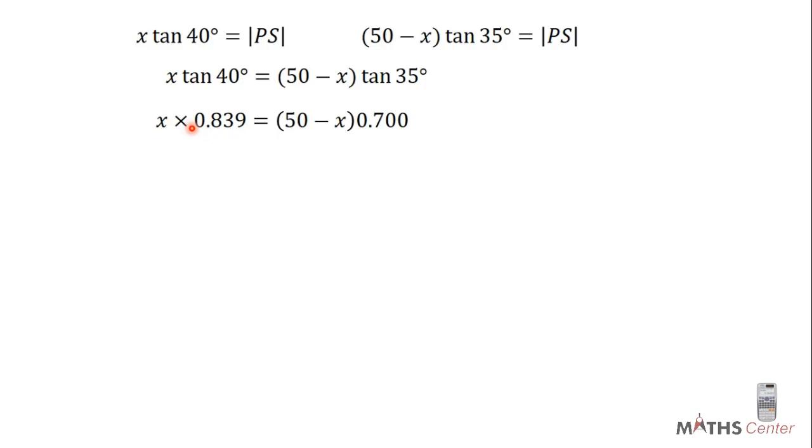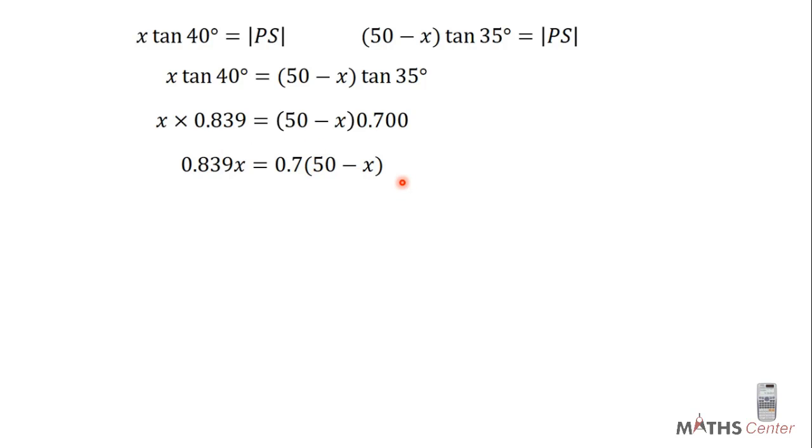So X times tan 40, which is 0.839, is equal to 50 minus X times tan 35 degrees, which will give us 0.700 if you correct your answer to 3 decimal places. So X times 0.839 will give us 0.839X. Then 0.700 is the same as 0.7 times 50 minus X.